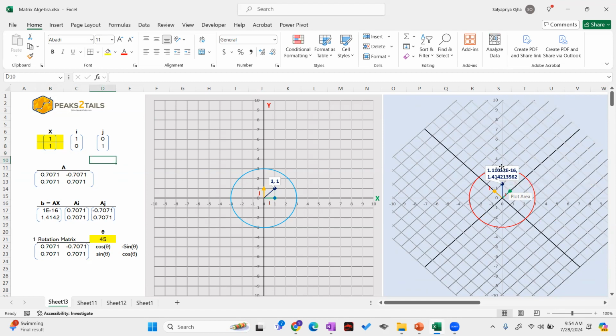And what is the length of this? The length is square root of 2, which is 1.414. That 1.414 is this length, which is completely along the y-axis, because this is 45 degrees. If I rotate this by 45 degrees, it will completely align with the y-axis. This is the rotation matrix.